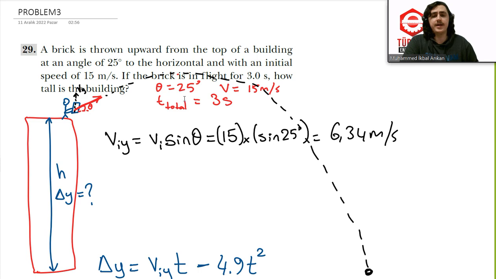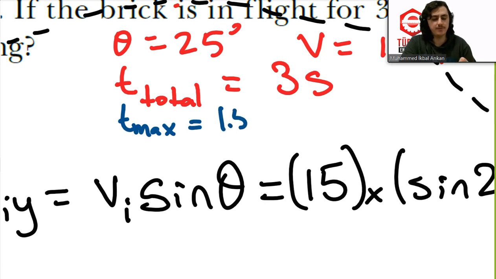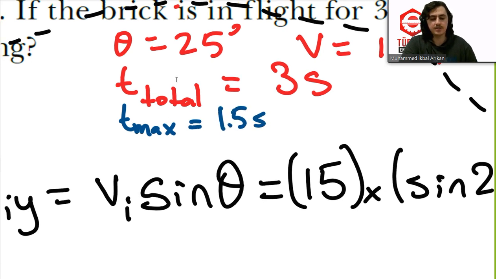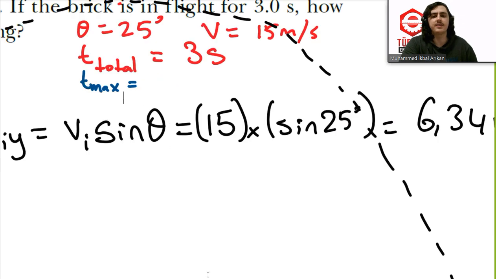Actually, let's zoom onto this one, t total. It is 3 seconds. Can you say that t max equals 1.5 seconds, just half of the t total, so when you reach here, your time will be 1.5? In this example, we cannot say that. Why?